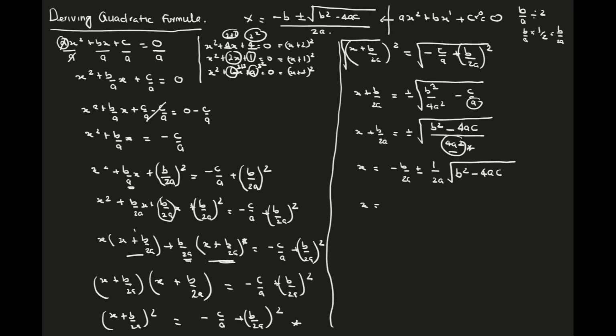We have x is equal to minus b, because I'm using this as a common denominator there, 2a, and then I have plus or minus, then inside here we have the same b squared minus 4ac. So you will see that from there we have derived the equation, right?